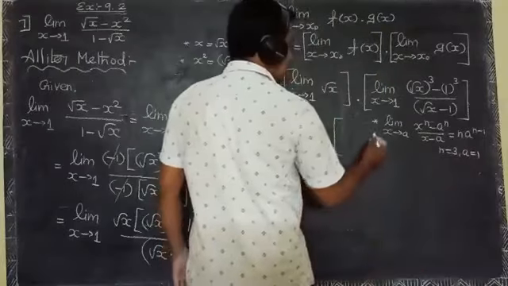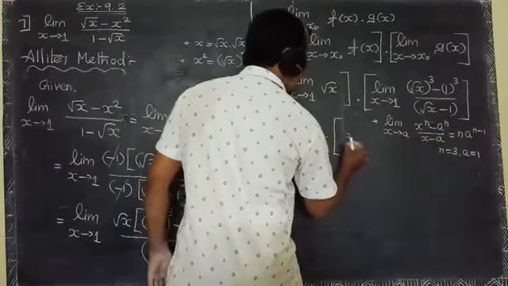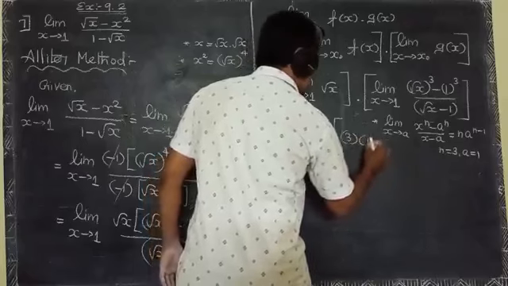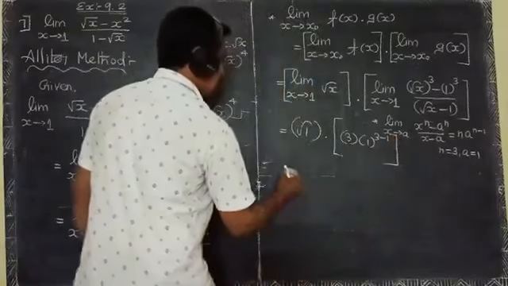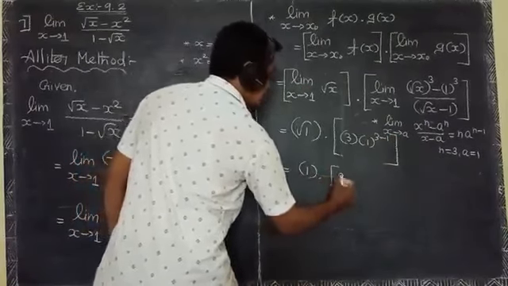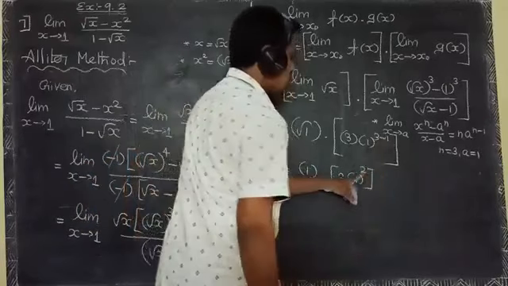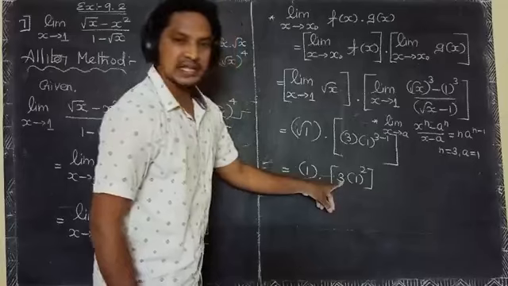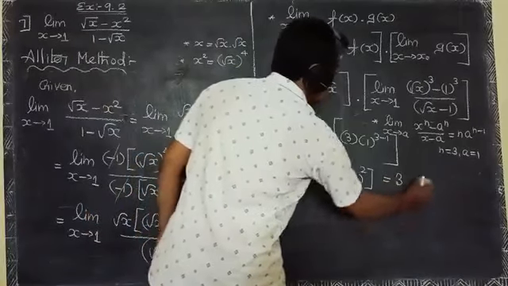Here n into a power n minus 1. Here root 1 is 1 into 3 into 1 power 3 minus 1 is 2. 1 squared is 1, 1 into 3 is 3, 3 into 1 is 3.